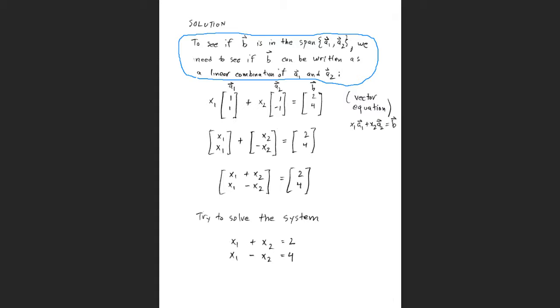That's how you tell if a vector B is in the span of the set of vectors A1 and A2. Is the vector B reachable using the vectors A1 and A2?